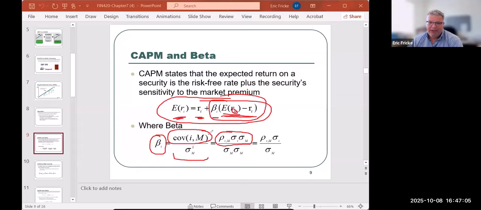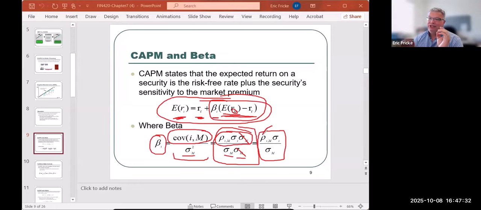So the beta equals the covariance between the stock and the market divided by the variance of the market. And if we take the variance and split it out into standard deviation times standard deviation, it gives us this whole term. And you see, we can cancel this out and we can cancel this out, and now we're left with this. So this is what a beta of a stock equals.